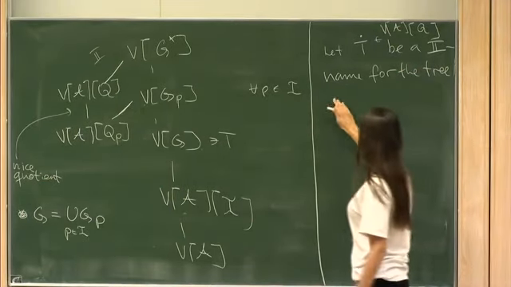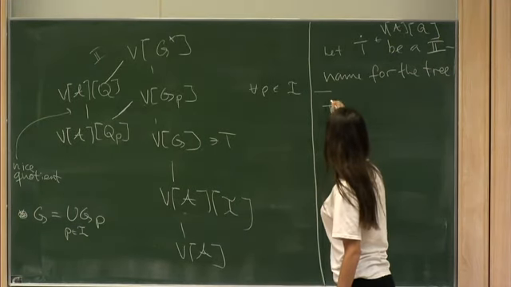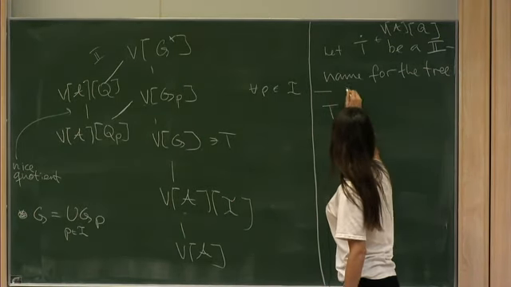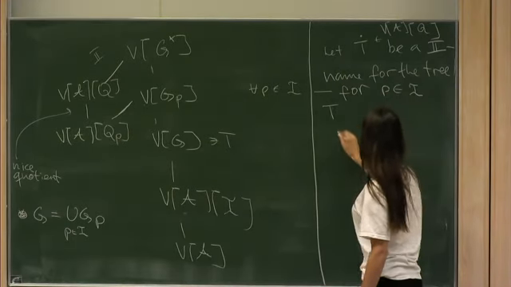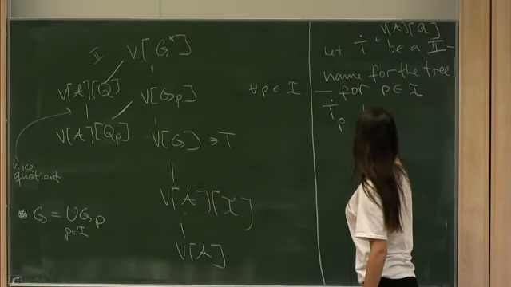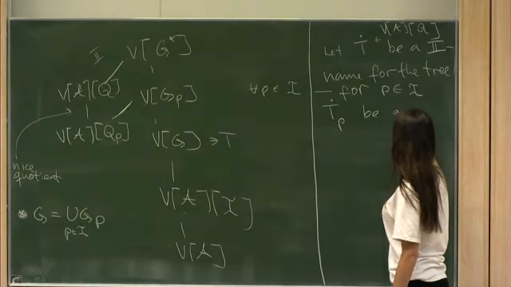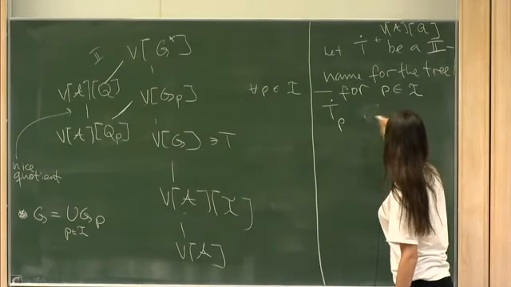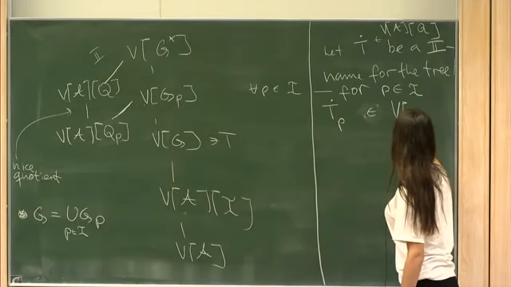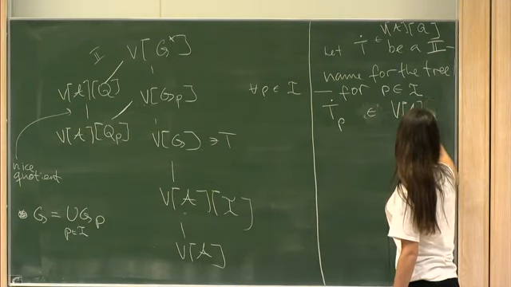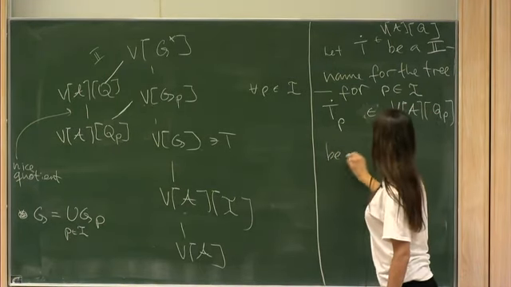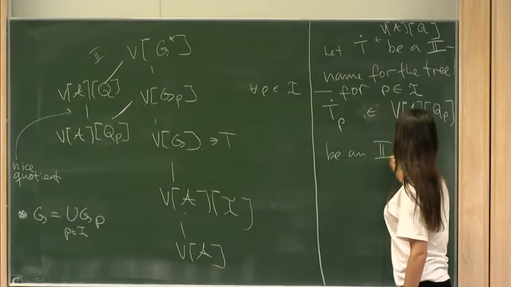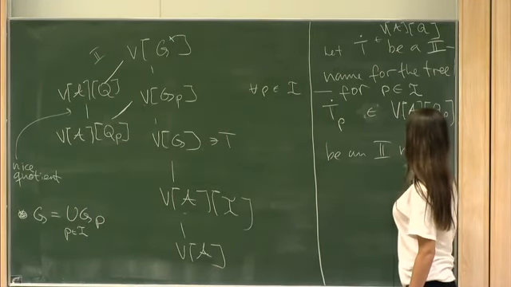But by taking the right names, one can also do, for any P in I, let T dot P be a name in V[A][Q][P], again an I name for the tree.